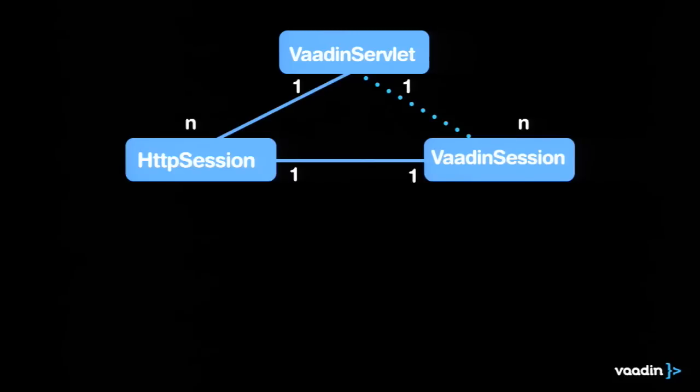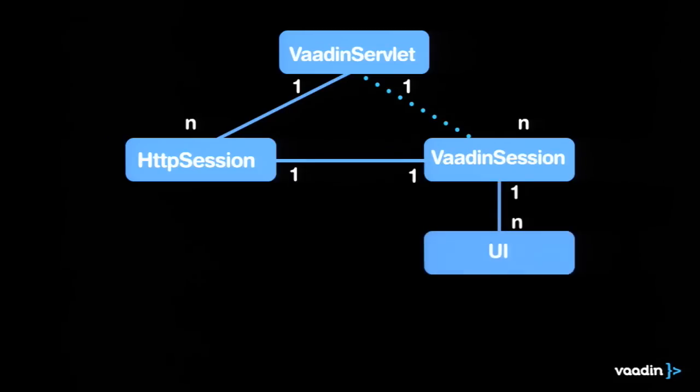So one Vaadin servlet has practically as many Vaadin sessions as there are HTTP sessions. There are some possibilities that you can have more than one Vaadin session object per one HTTP session, but that would require different kinds of deployment configurations of the actual servlet. And of course, one Vaadin session will contain multiple UIs, one per every browser tab.